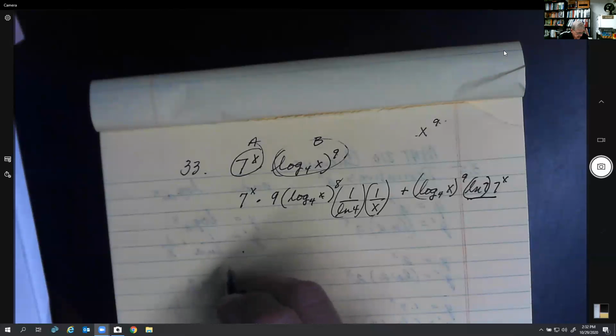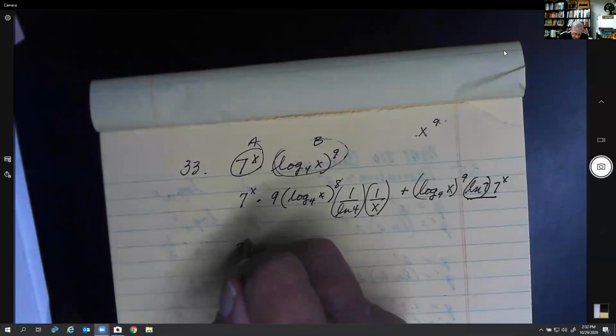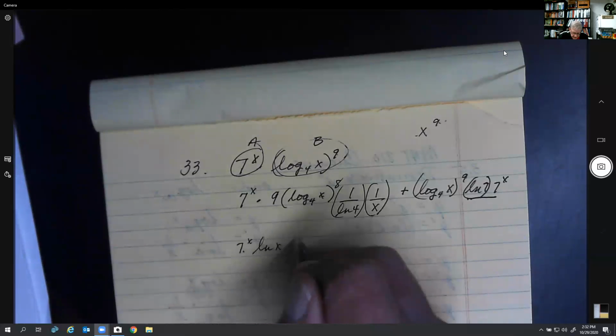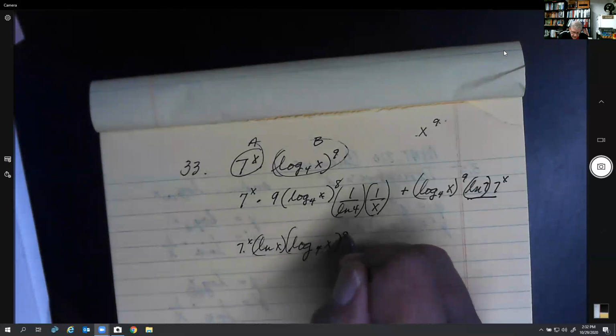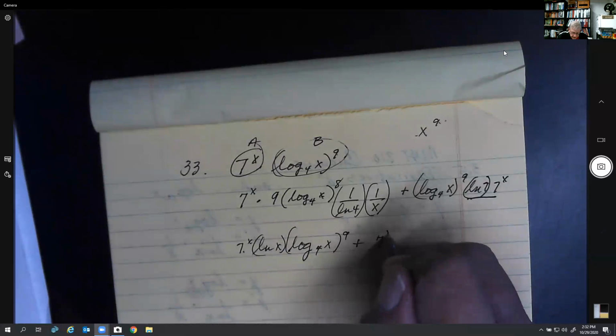They wrote it as 7x ln x, something like this, log base 4 x to the 9th plus, and then they wrote the other part as 7x.